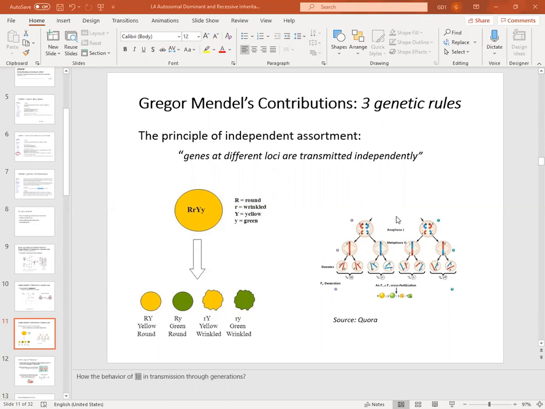Will the set from my father go directly to my son, or in the germline stem cell will they mix together and make a new set?